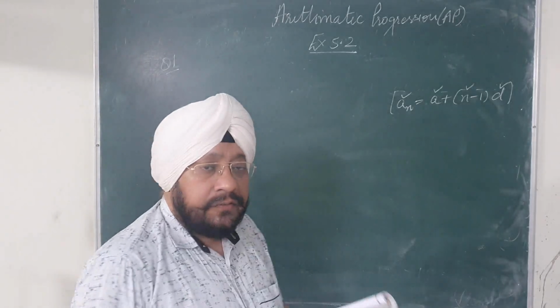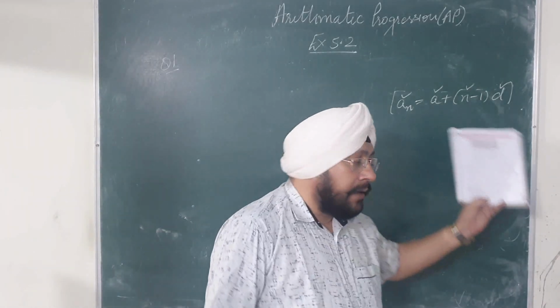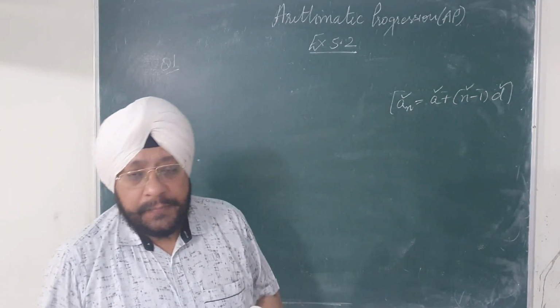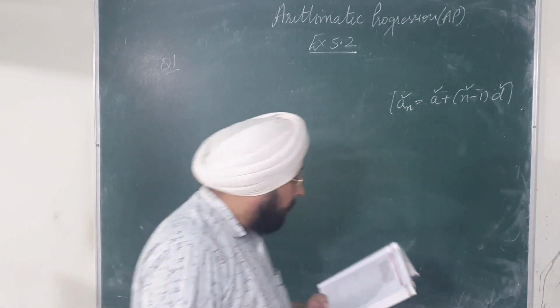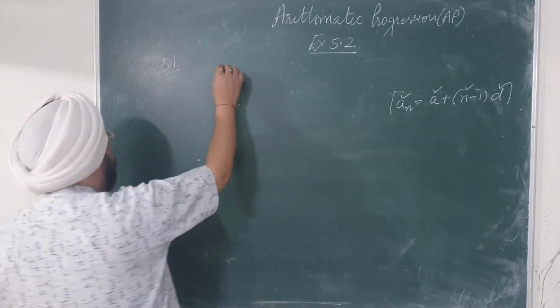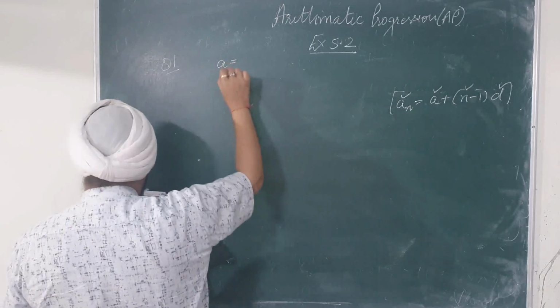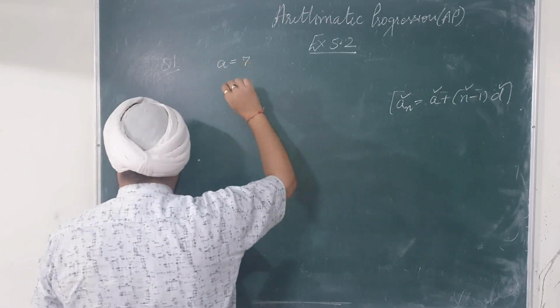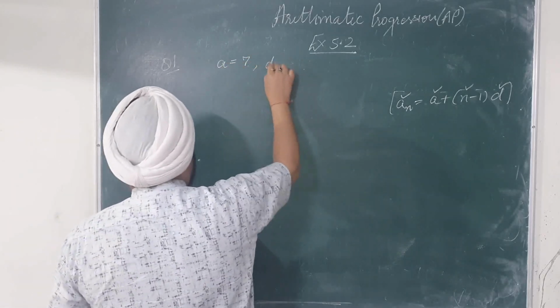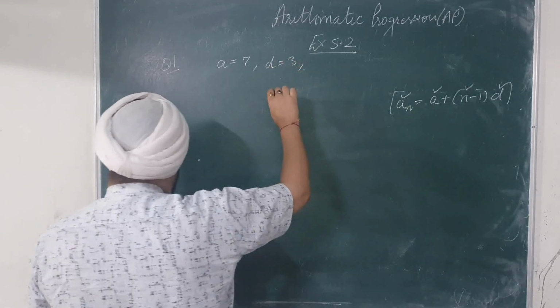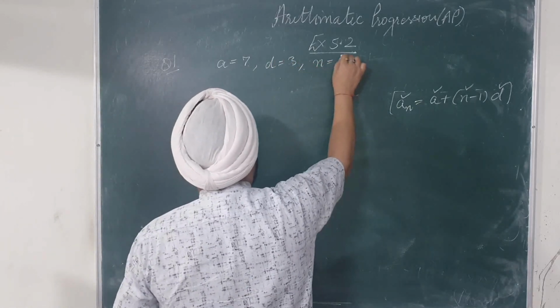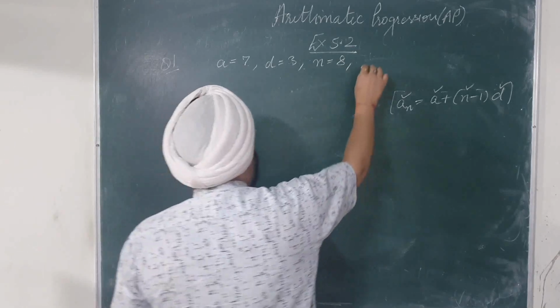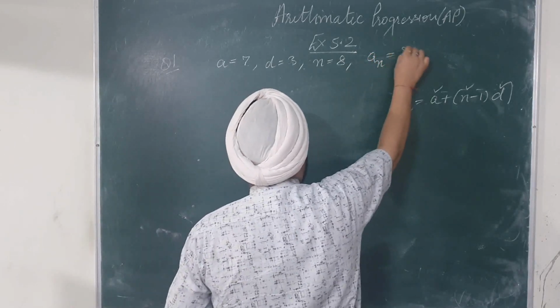We are given 3 out of these 4 values in the particular table. So let's see part 1, what is given to us. In part 1, we are given a as 7, d as 3, n as 8, and an we have to find out.